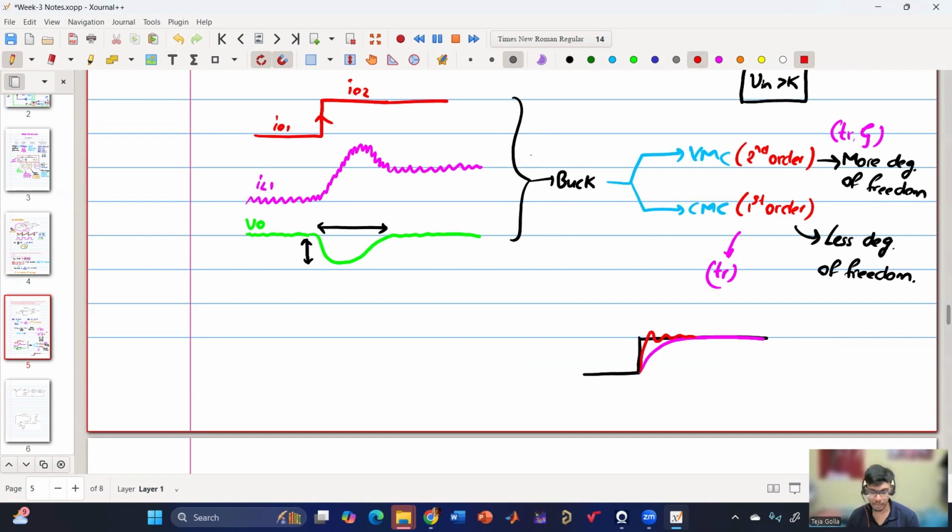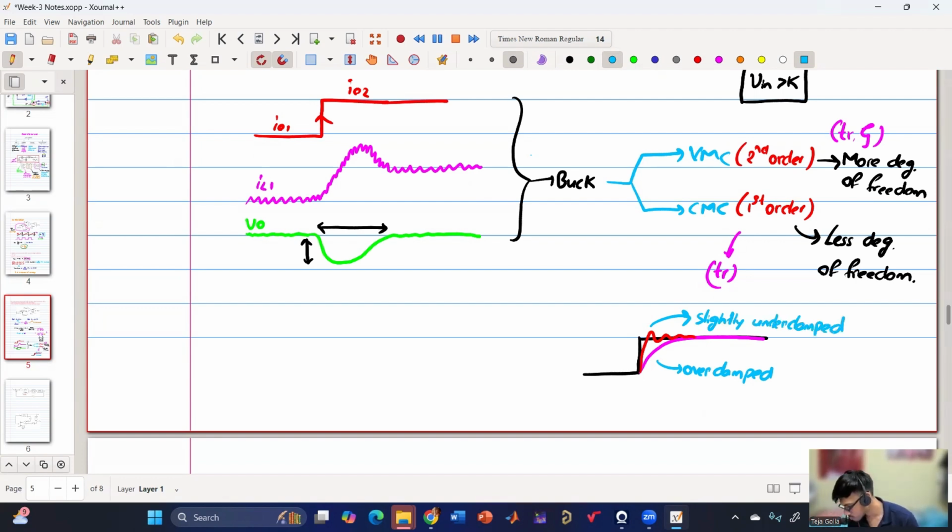So I can play with damping as well as rise time, because first order is over damped, right? First order is over damped because you will not see any of this. And second order can be critically damped, under damped, or over damped, but usually slightly under damped is preferred, meaning close to critically damped.